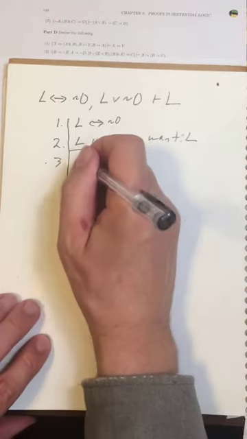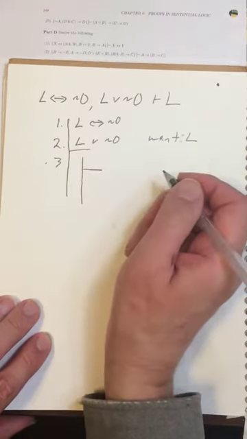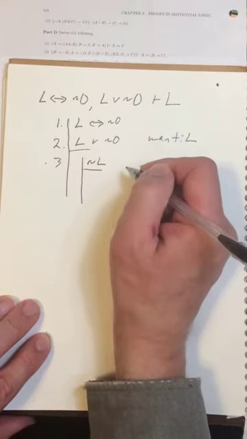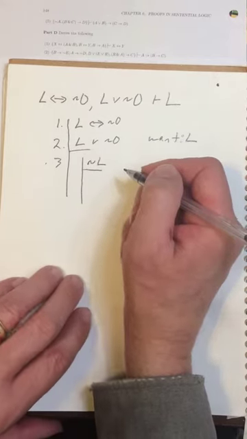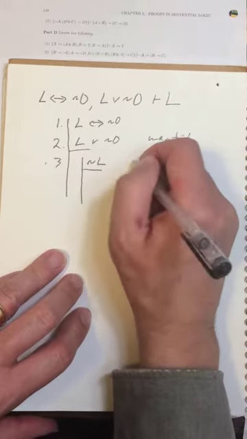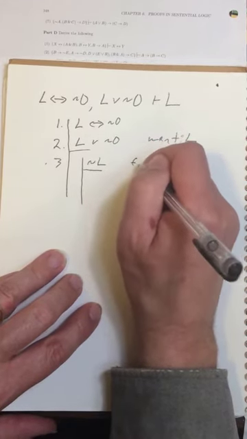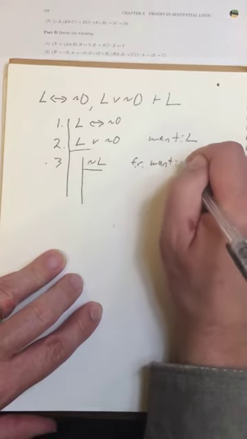So how's that going to work? Well, you assume the opposite of what you're trying to prove. In this case, that means adding a negation: not L. This is for reductio, and you want a contradiction.